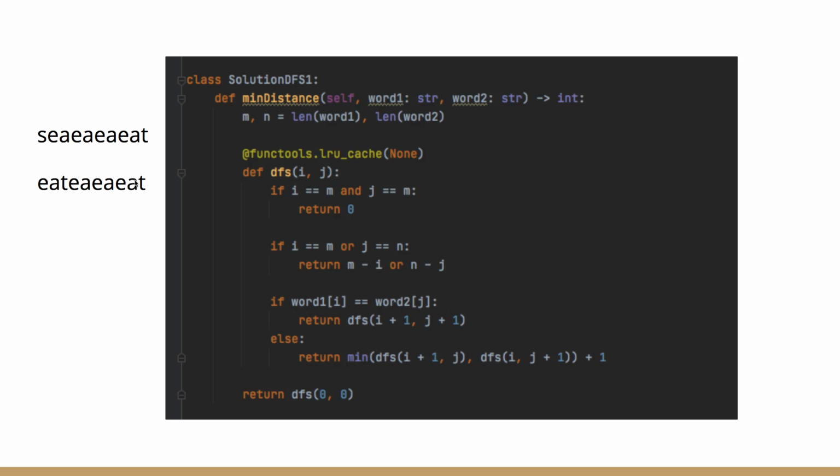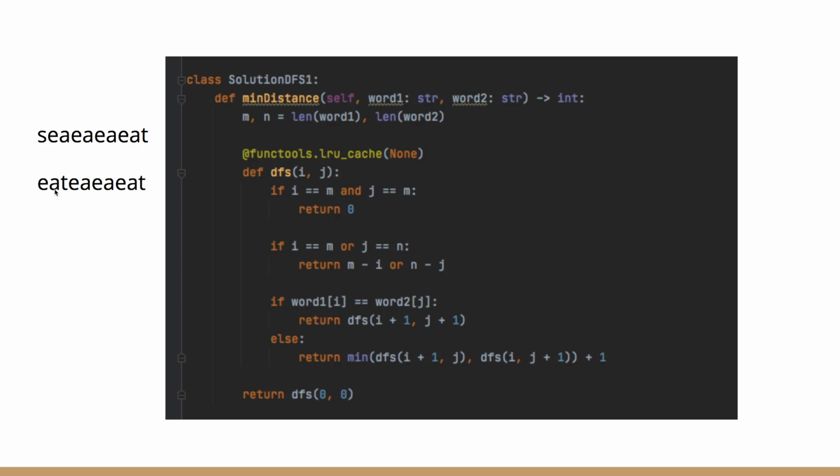How do we calculate that? We know the J index is right here. That's where we traverse up to, and this is the entire length of the second word. We use the entire length, subtract the J, and that's how we get how many deletions we need to match the first word. The same example happens when we have a longer word 1 and shorter word 2.